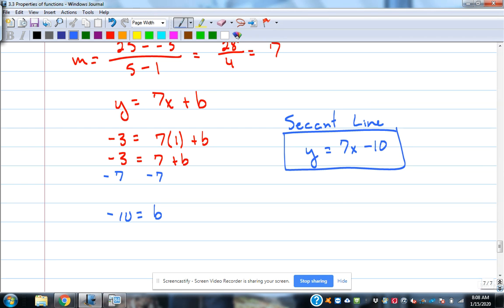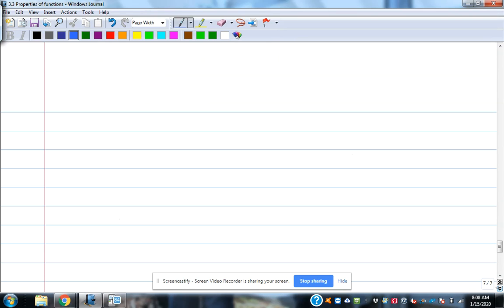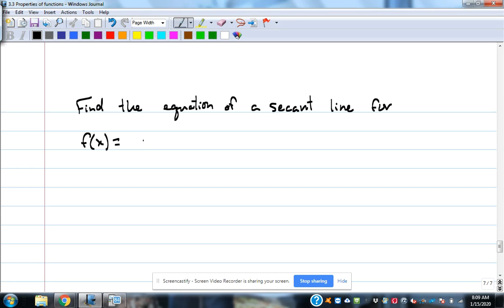Okay, let's do another one just all the way from the beginning. So we're going to find the equation of a secant line for f of x is equal to 3x squared minus 2x plus 3 over negative 2 to positive 1.